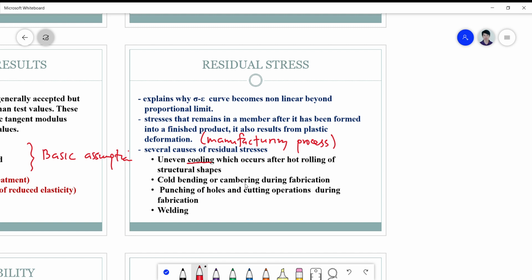Cold bending or cambering also involves some temperature differences, as do punching of holes and cutting operations, and also welding.